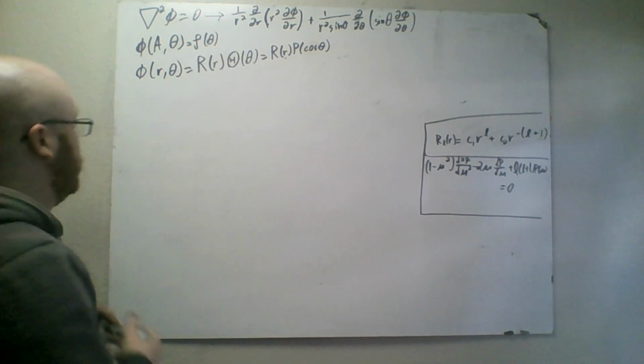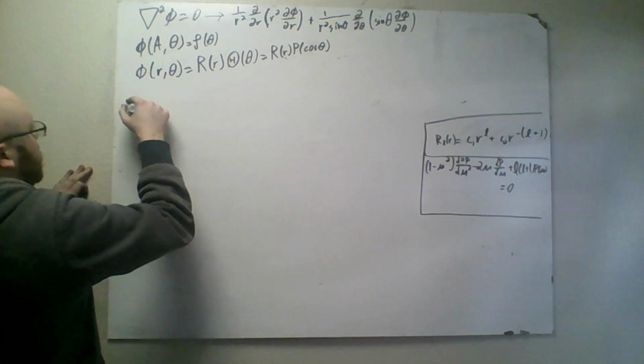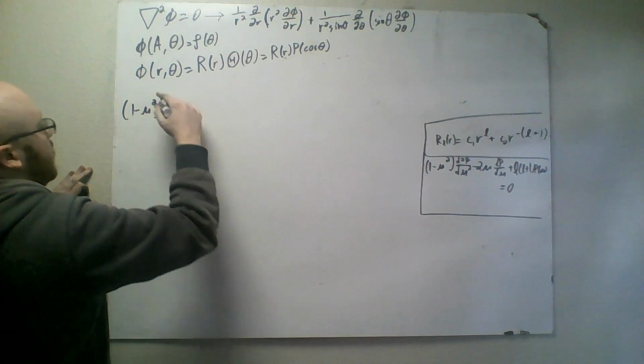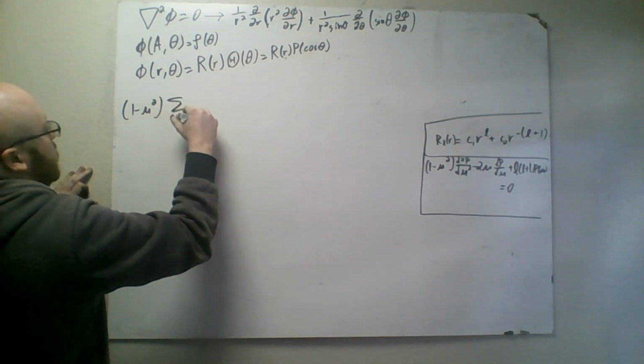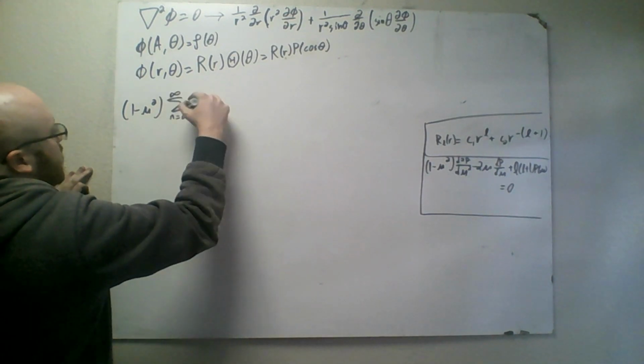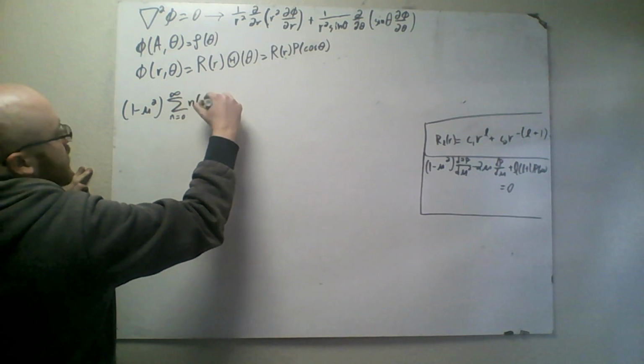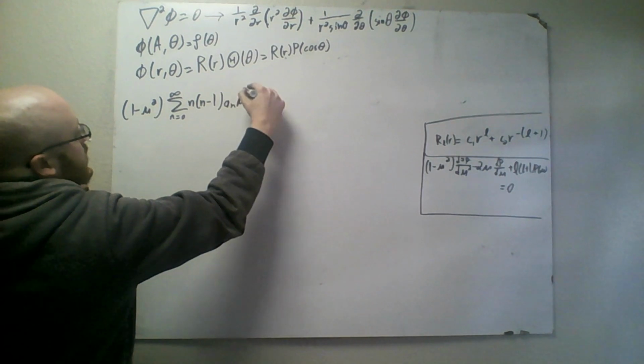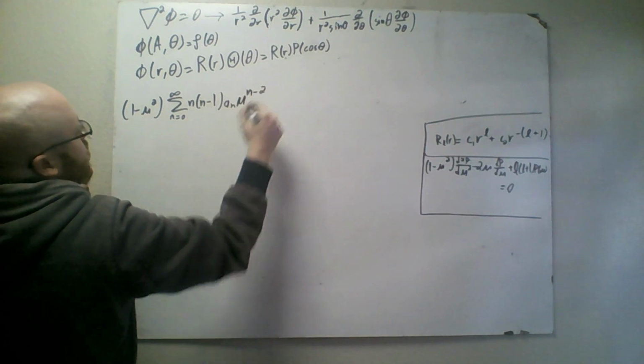Anyway, so now we're just going to plug this in to this. We're going to get 1 minus mu squared. Remember, second derivative of this, sum n equals 0 to infinity of n times n minus 1 a_n mu to the n minus 2.